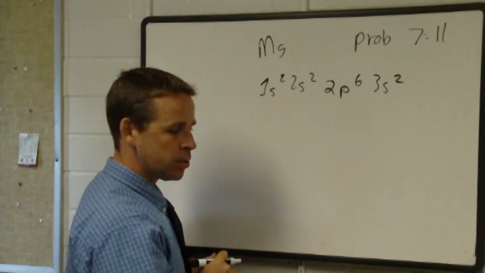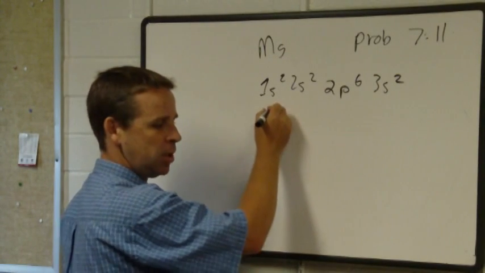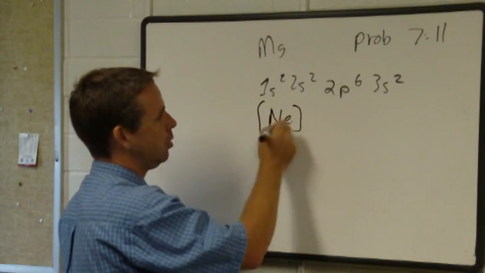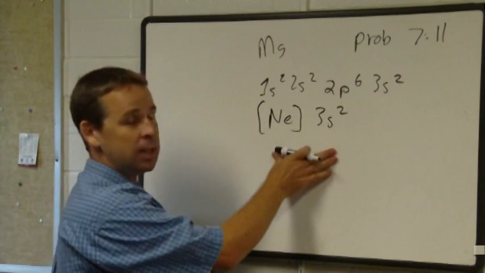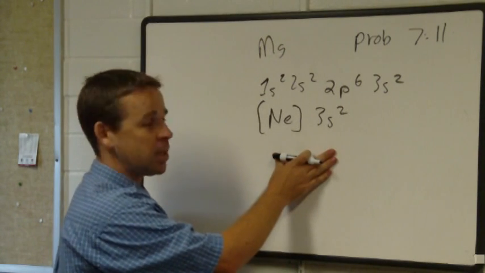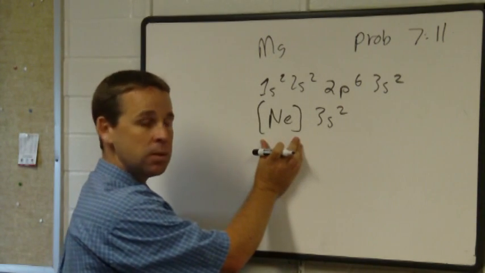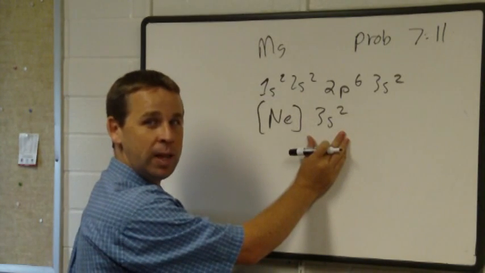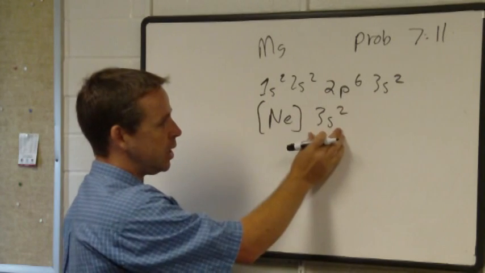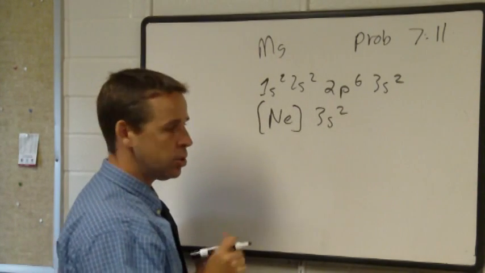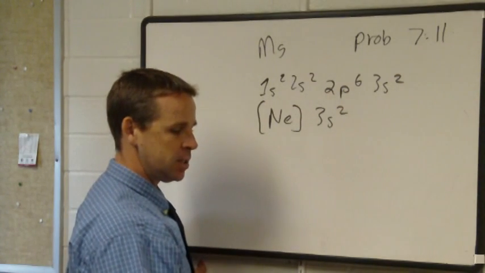The abbreviated electron configuration for magnesium is neon 3s2. This abbreviated configuration quickly helps us identify the core electrons and also the valence electrons, or the electrons that are outside the core. In this case, the 3s2 are the two valence electrons that magnesium has.